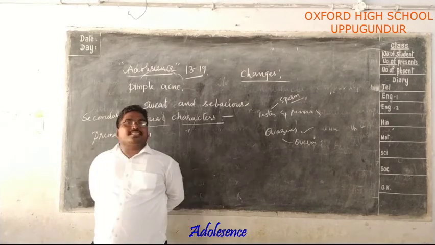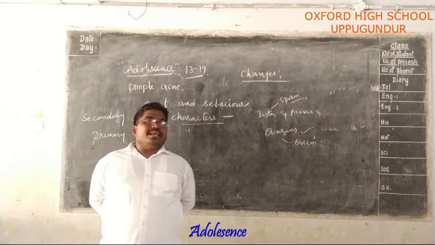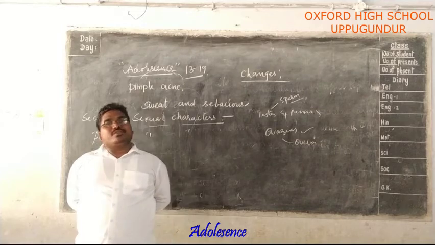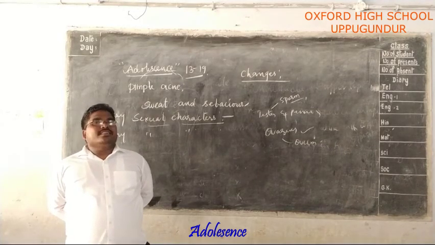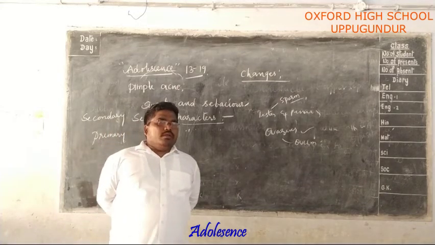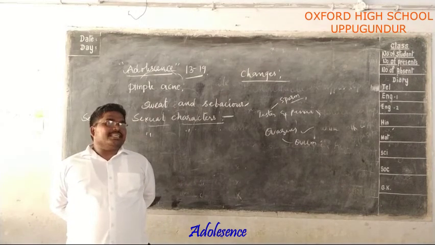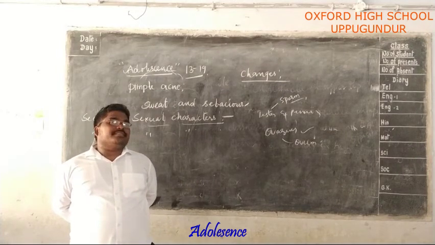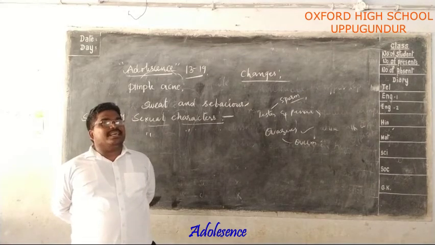Adolescence is the stage of stress, confusion and transition. The age between 13 and 19 years, all the children are considered adolescents. In this stage, a lot of changes take place internally and externally. The external changes appear outside and we can see them.